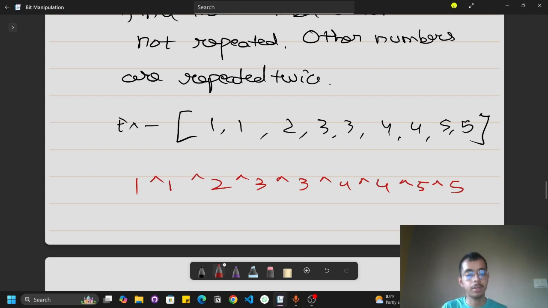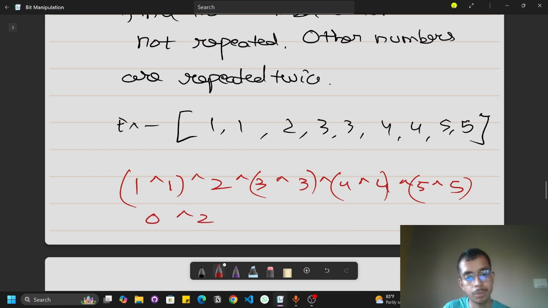As XOR is also associative and commutative, you can actually shift these numbers here and there. So you can take like this, this, and this. Same numbers give you 0, XOR 2. Same numbers give you 0, 0, and 0.